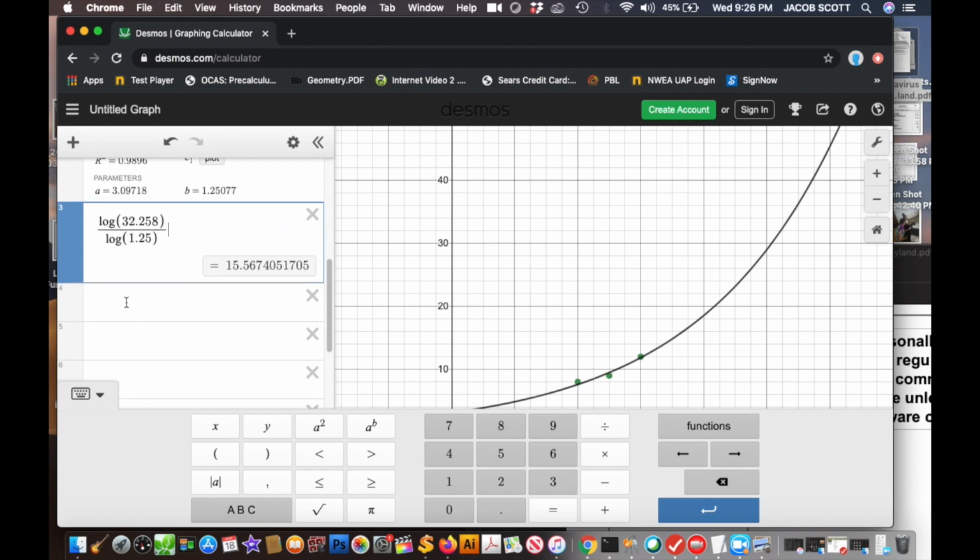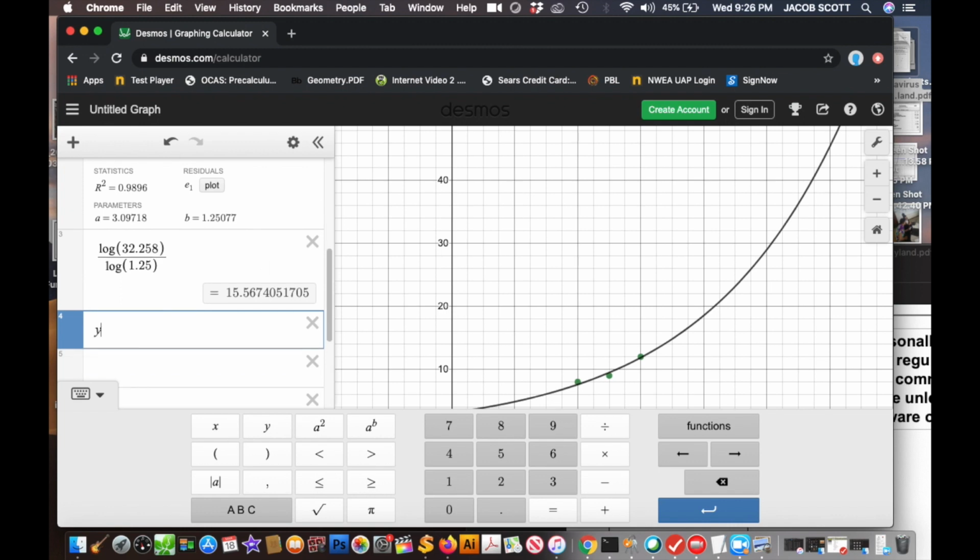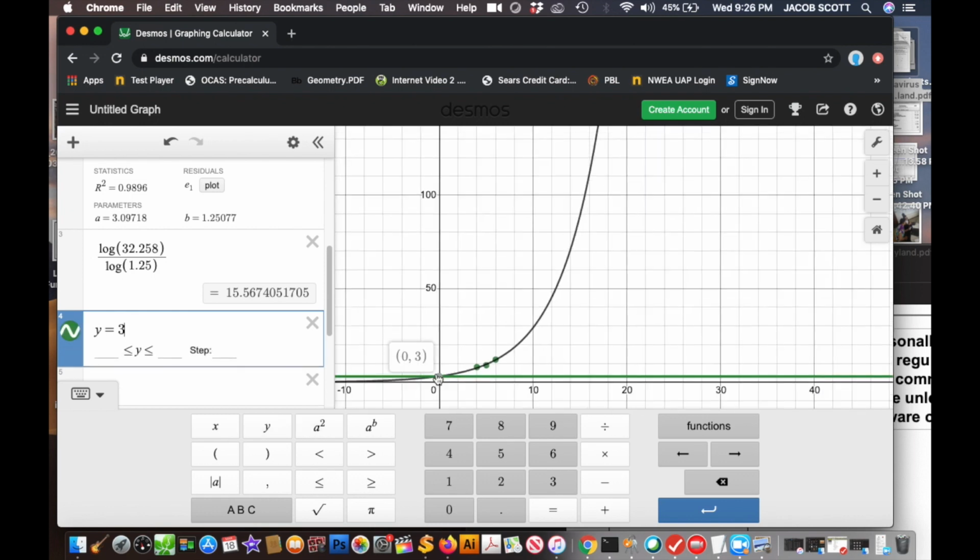For example, instead of y equals 3 times 1.25 to the x, we can't change the past. We can't change the fact that there were already 3 people named at the beginning.